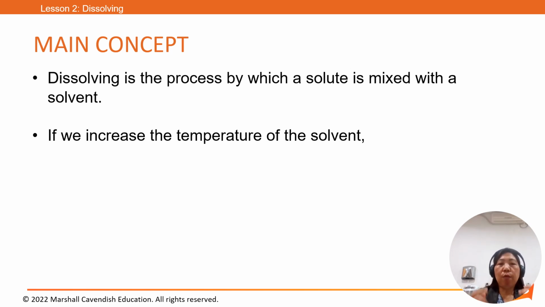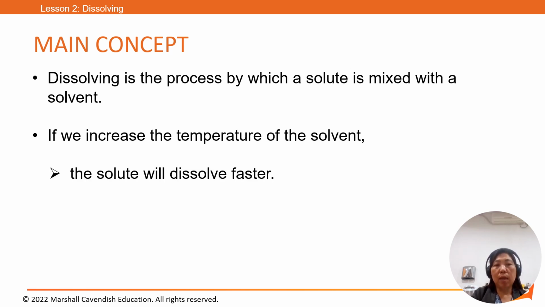But if we increase the temperature of the solvent, what happens? The solute will dissolve faster. So you can try at home. For example, you have a glass of water, and the other one is a glass of hot water.